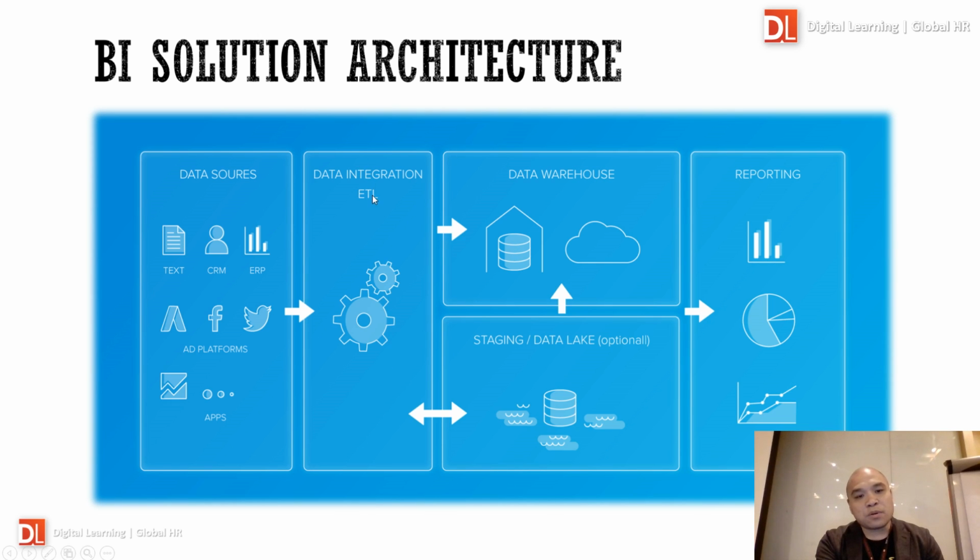We call this process the transform. If we load it back to our database, we call this operation L. So we combine these operations as ETL. For today's session, the use of PowerPivot will focus on ETL and also some very simple reporting.